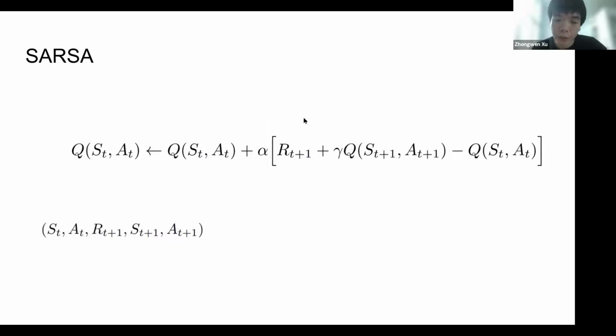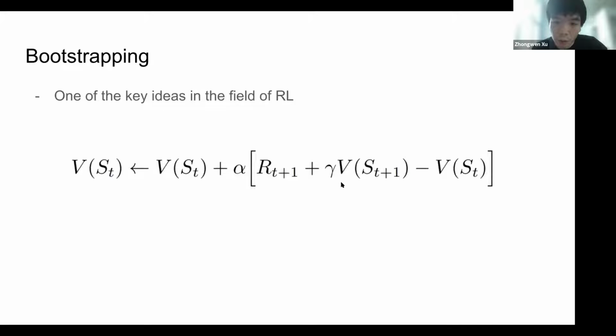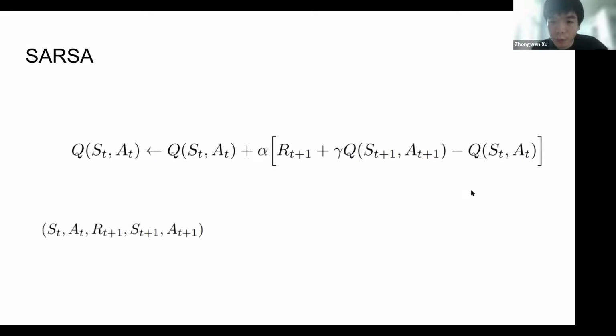Instead of using the state value function, the SARSA equation uses the action value function. You can sense that we replace V of s_t+1 and V of s_t with the Q values, which include the action in the input. So similarly, it's also a form of TD learning, but it's used in the control case, which helps the agent to make decisions.